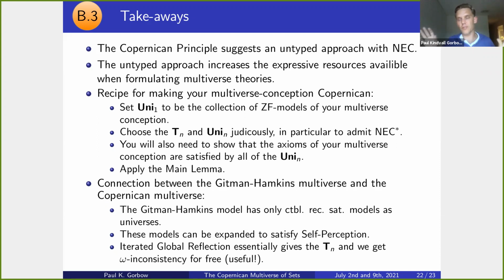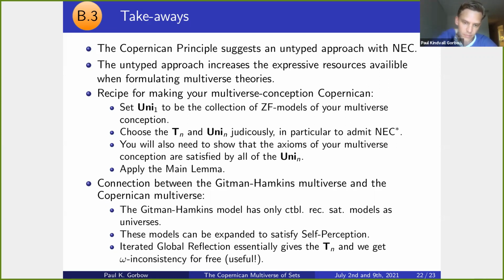Even if just externally they're all models of ZF, it can happen that when one universe looks at another, it doesn't think it's a model of ZF. And if you require that it should think it's a model of ZF, then you do need to think about some kind of reflection axiom. So that's involved in that paper, and basically one step is taken with a particular reflection principle.